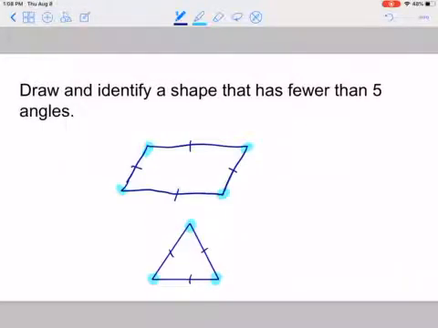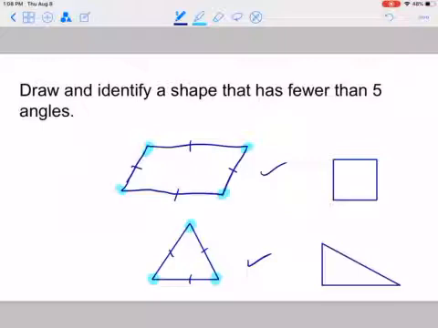So both of these would be correct if you were given this prompt: draw and identify a shape that has fewer than 5 angles. You could also draw a square or a rectangle. Your triangle could look like this. Both of those shapes have fewer than 5 angles.